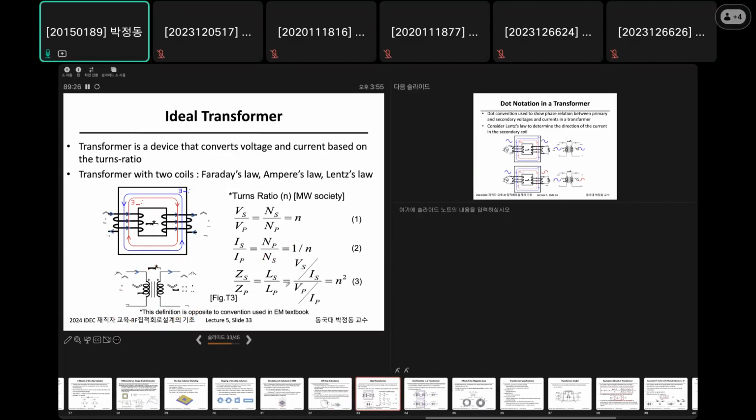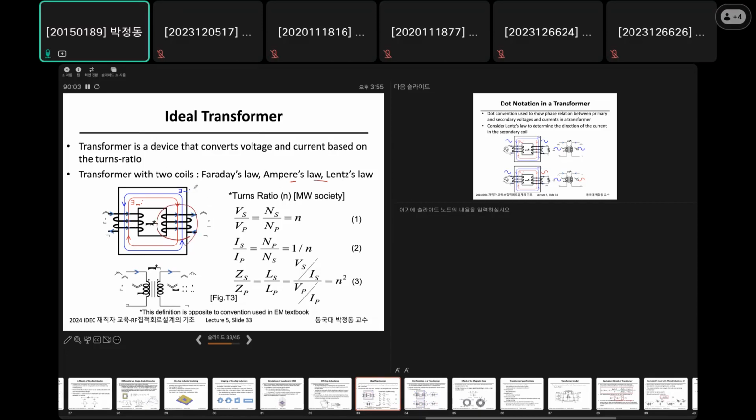Then for the first one, once a current source is applied, then because of Ampere's law, it will induce flux, and the flux goes through the high permeability metal and forms a linkage with the second coil, right?